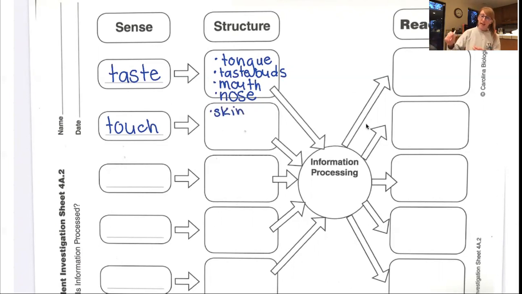Our fingers and hands. Our nerves, if ever your nerves get damaged, you'll notice that maybe you don't feel things the way that you used to, or you can't feel at all. So our nerves are big for touch.